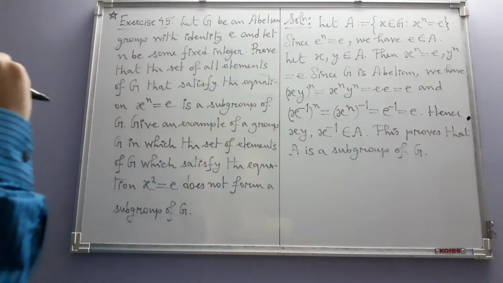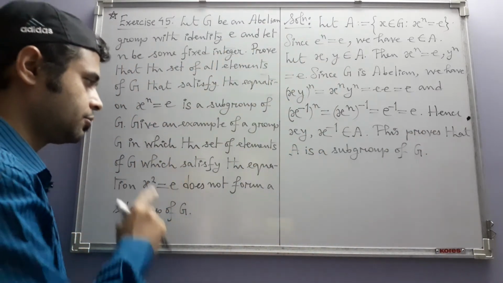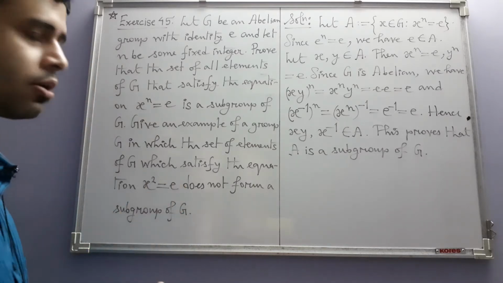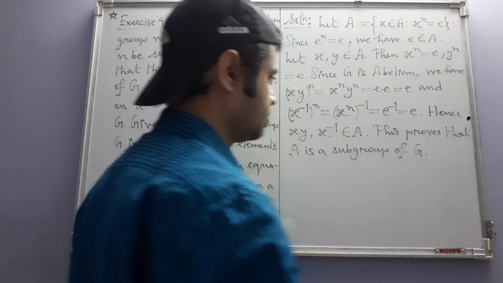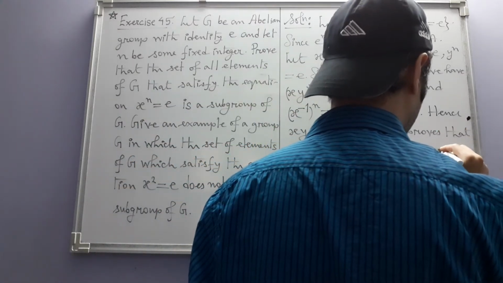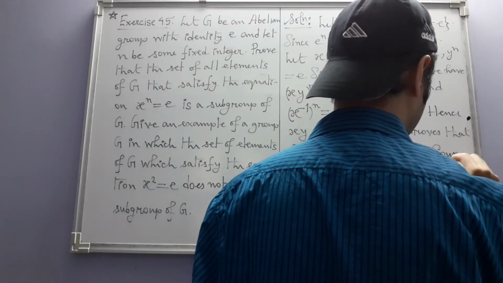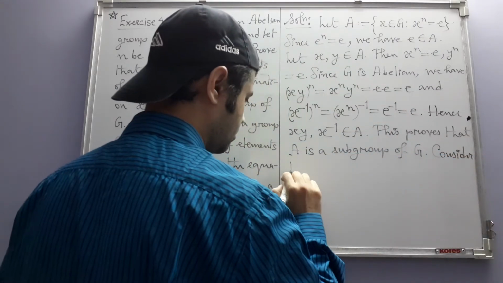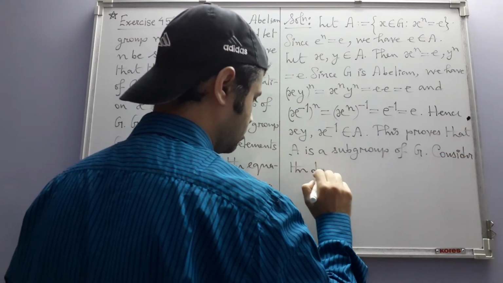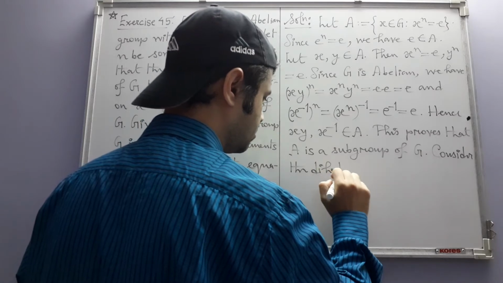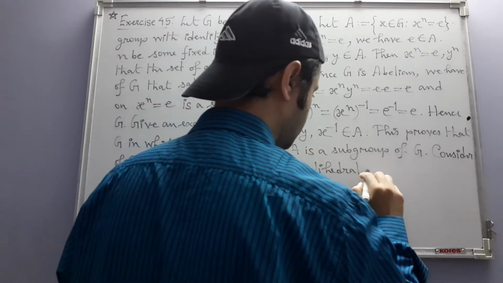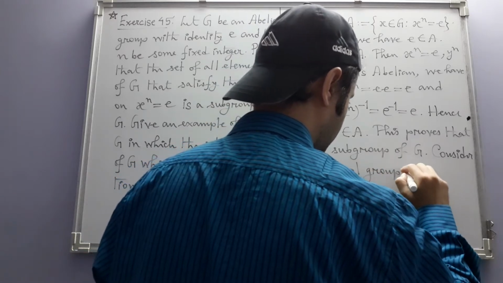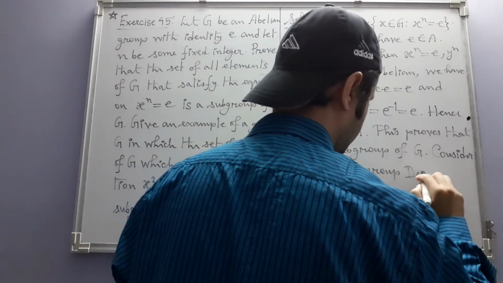Okay, now we come to the example where we have to show that this is not necessarily true if the group is not abelian. Consider the dihedral group D4.